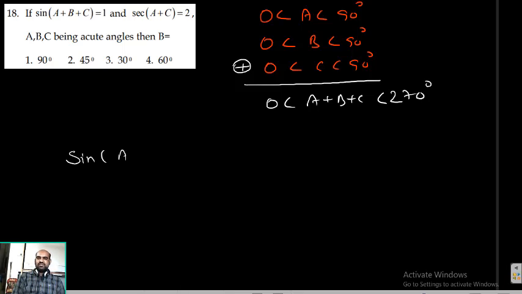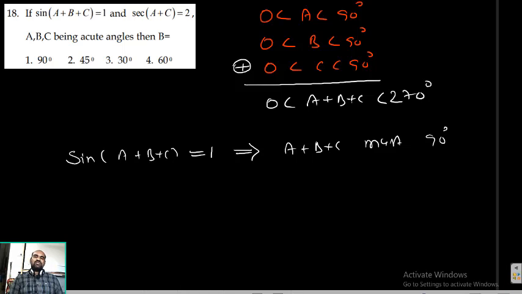Sin of A plus B plus C equals 1 implies A plus B plus C must be 90 degree, because only 90 will satisfy the condition between 0 to 270. A plus B plus C equals 90 degree, equation number 1.